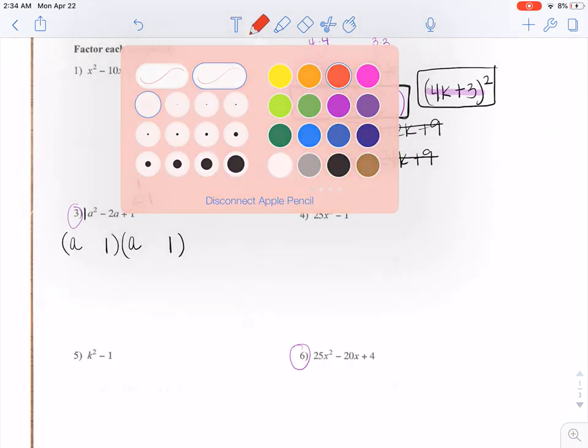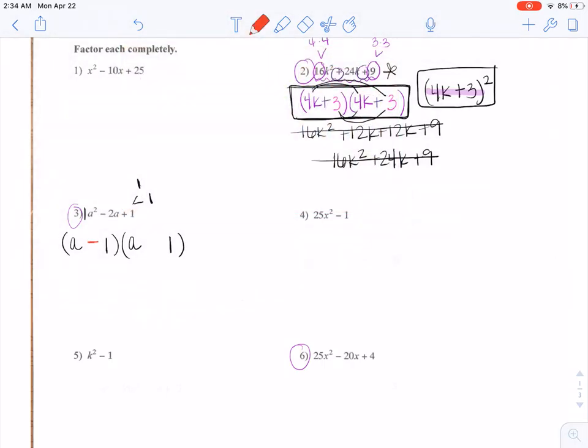My signs are going to be negative for both because I have a negative in the middle and a positive on the outside. So if I rewrite this, it is the same exact thing as saying the quantity of a minus 1 times the quantity of a minus 1.